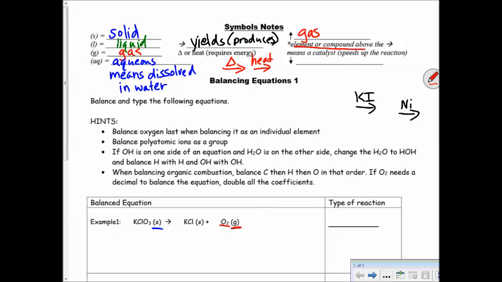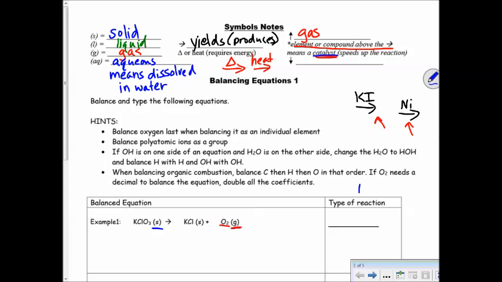Element or compound above the arrow means a catalyst was added to speed up the chemical reaction. So if you see it written like that, either a compound or an element above the arrow, that just means a catalyst was added. Like so, right here, this word catalyst.